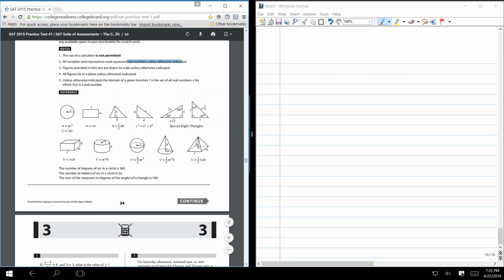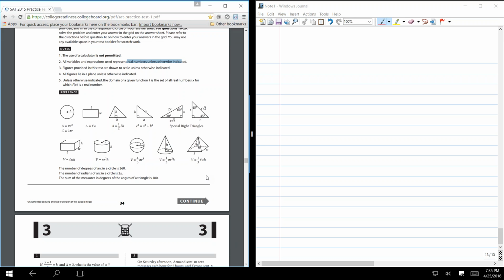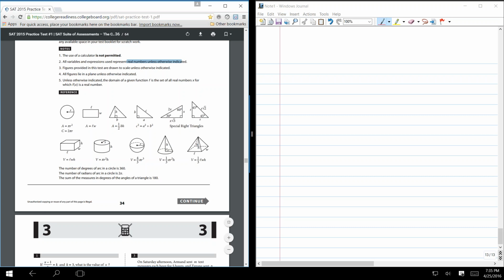Most of them should not be new to you. You should have gotten them in geometry. They're pretty standard, but if they have questions where you need one of them, you can always go back to the beginning of the test and see these formulas.